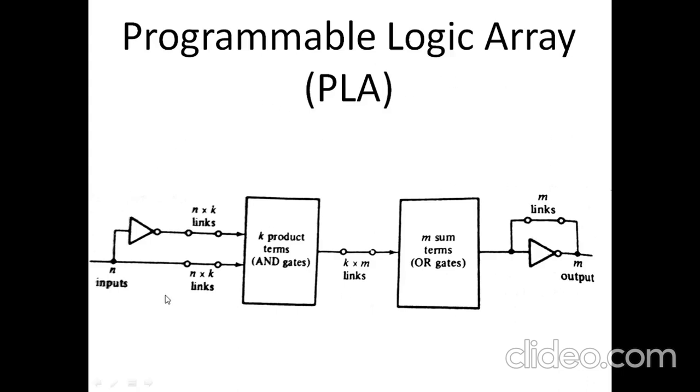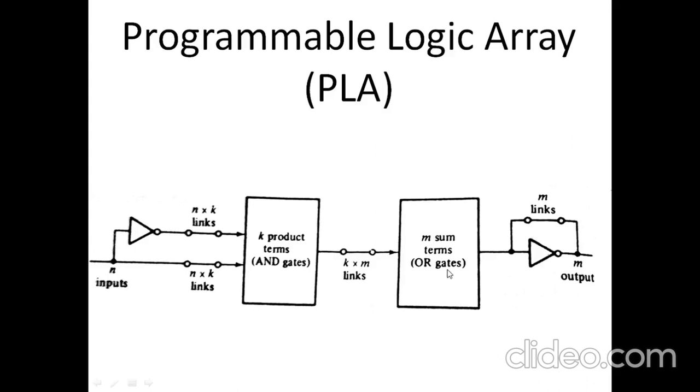Okay, so just to summarize this block diagram, we have n inputs, and every input is complemented. A complemented version as well as normal version is given as input to every AND gate. Here we have k AND gates, and every AND gate implements a product term in the Boolean functions.